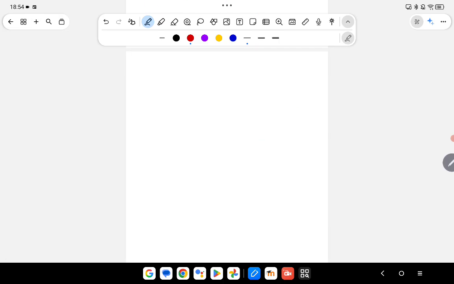All right. New page. So a lot of you got confused with this. The positive and negative controls.